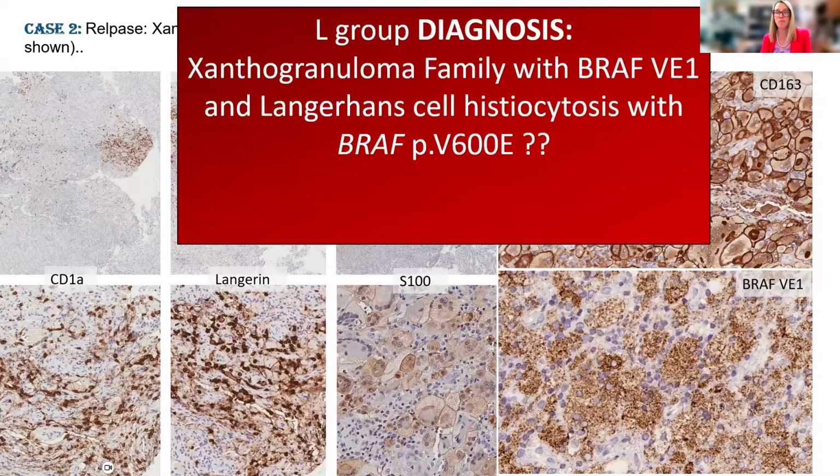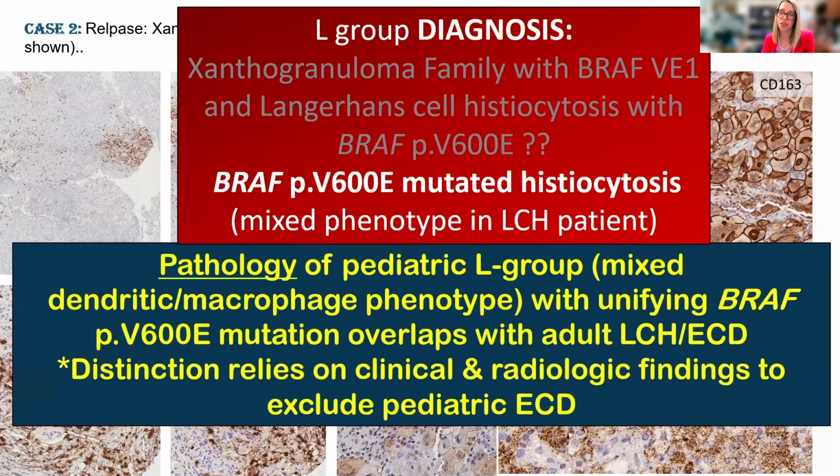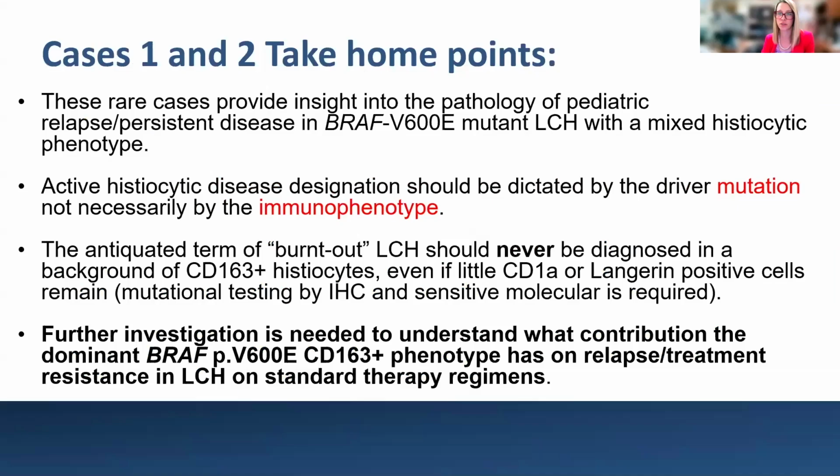So again, could you call this xanthogranuloma family and LCH? Yes, that's perfectly fine. I tend to keep it a little more simplistic for the diagnostic line and then further explain in the note, making sure that pediatric ECD is excluded.